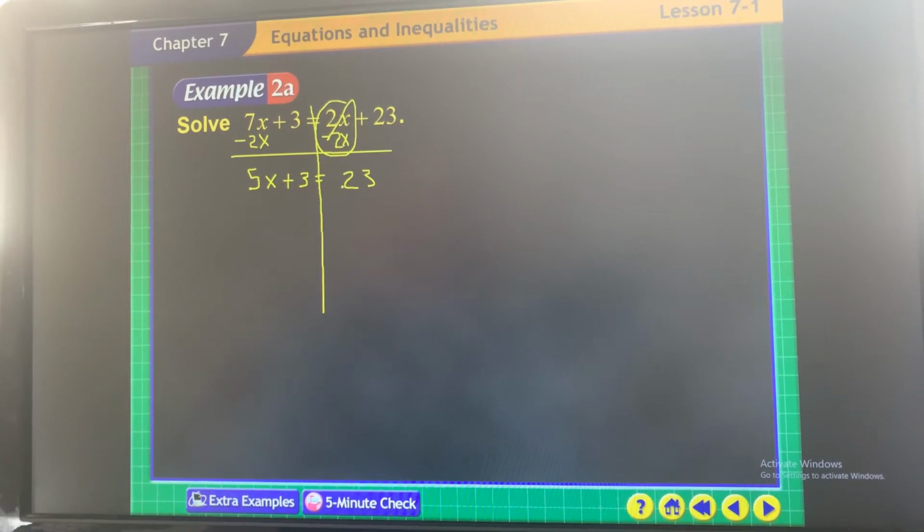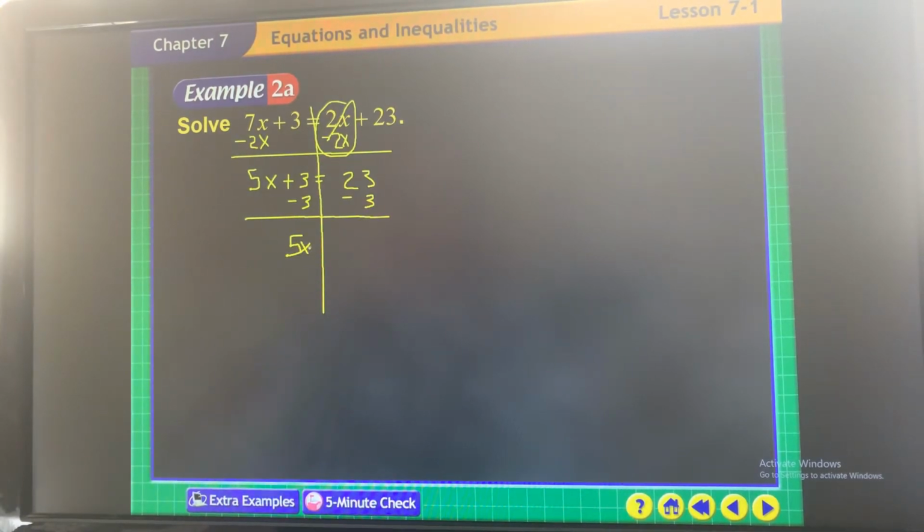And then move your constant over here. Move it by adding the opposite, and I have 5x is equal to 20. Divide both sides by the coefficient, and x is equal to 4.